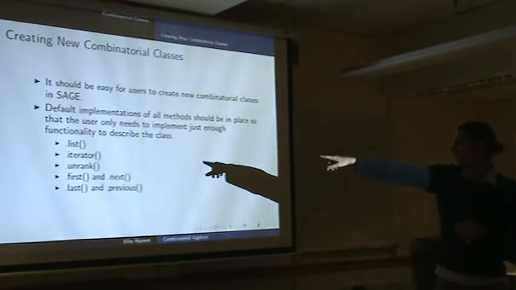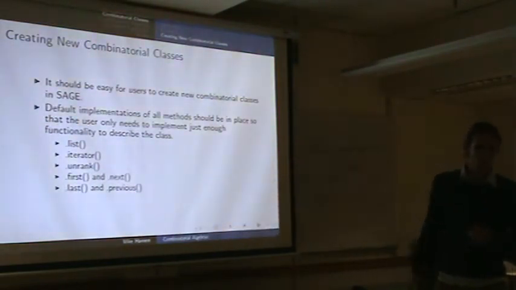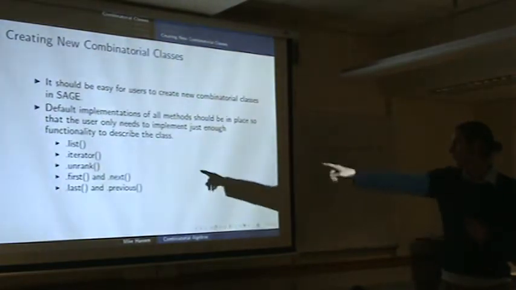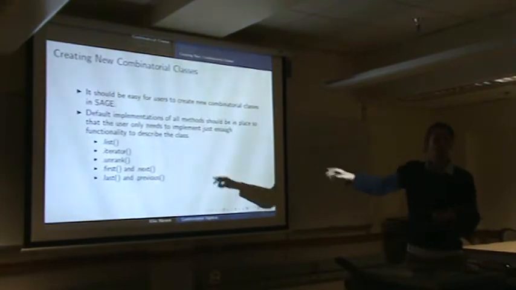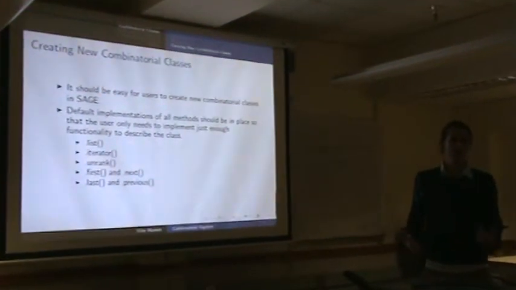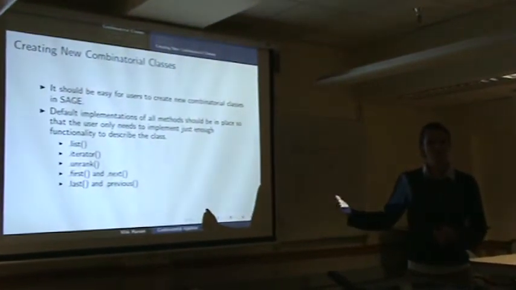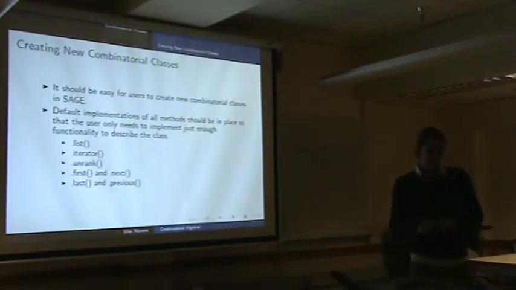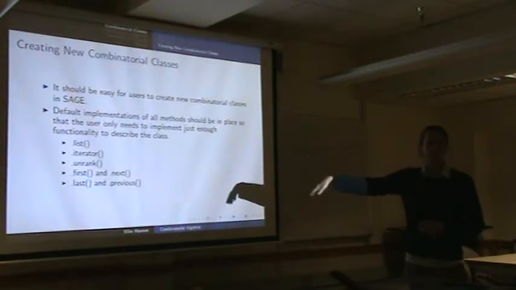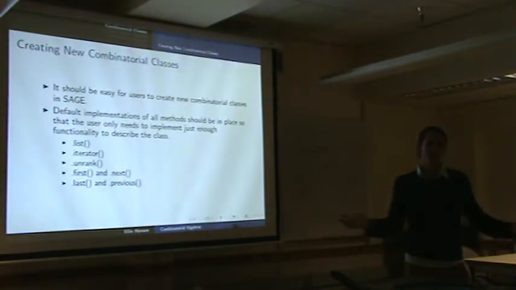Or you could give it an unrank function, or first you could say what the first element of the class is, and next would take in an element of the class and spit out the next one. Or you could give last and previous. Once you implement one of these, you get the full range of functionality associated to a combinatorial class.